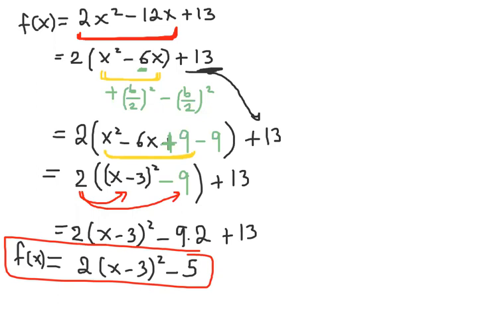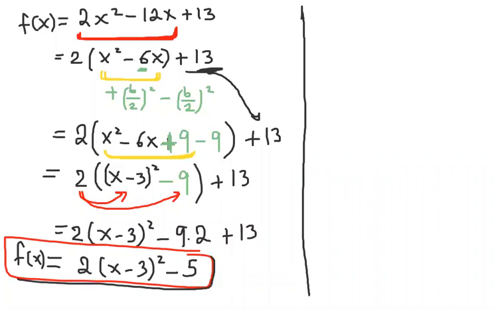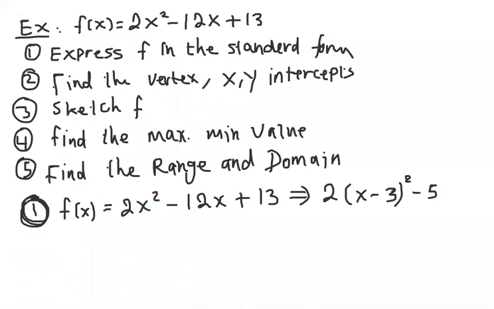All right, so let's go to the second part. So this is the standard form for the function. Now from the standard form, the second part of the question is finding the vertex and finding the x and y intercepts.